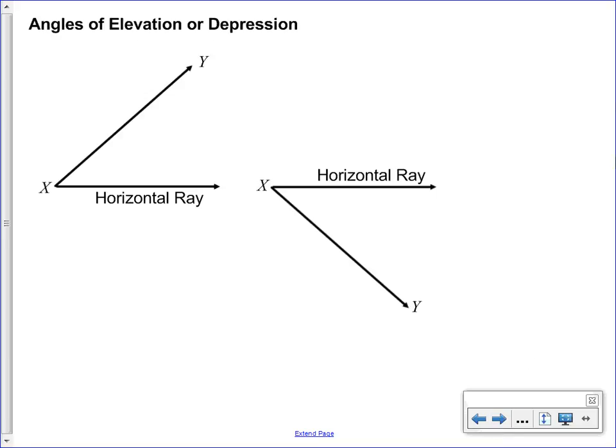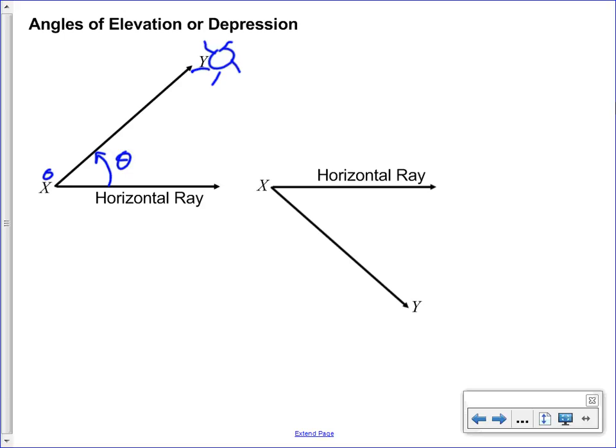One application of right triangles is angles of elevation or depression. For an angle of elevation, you usually start from the ground and you measure the angle upward. For example, if you're looking up at the sun, that would be an angle of elevation.